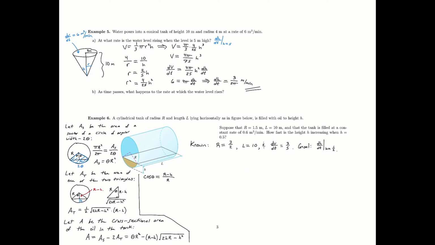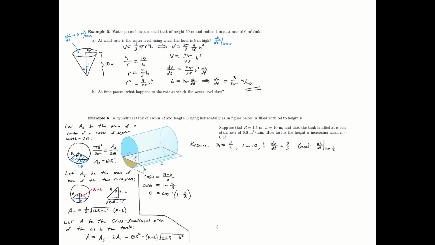And of course, if we really wanted to, we could write this as 1 minus h over r. To solve for theta, we can go ahead and do the inverse cosine of 1 minus h over r.